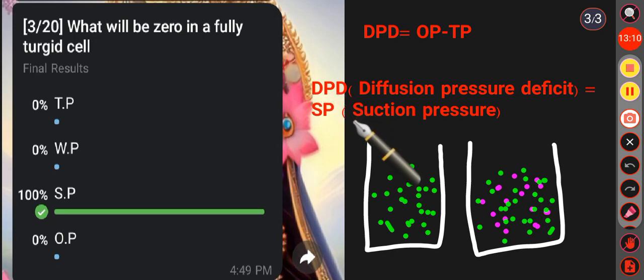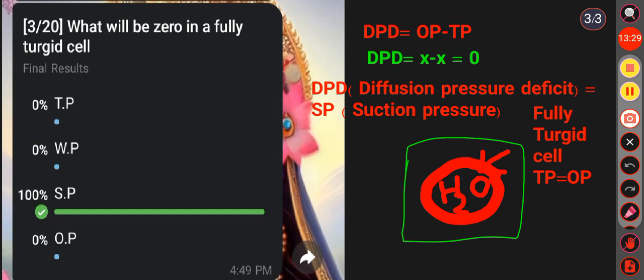Why is DPD called suction pressure? In the case of DPD, the solution will try to wipe off this difference in diffusion pressure by sucking more water molecules. So DPD is also called suction pressure. So, in a fully turgid cell, how does the turgidity occur?